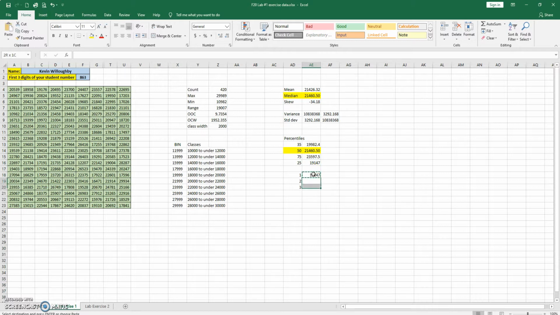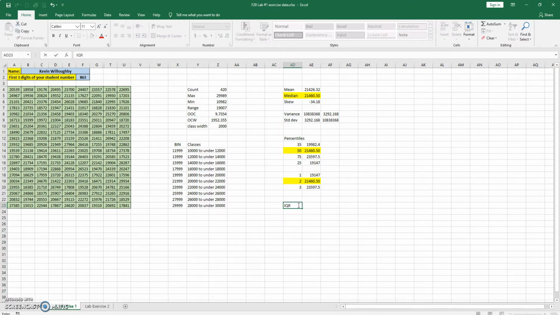Copying this down, you'll get the second quartile, which is the same as the 50th percentile, which is the same as the median. The third quartile is the same as the 75th percentile. So that's a quick way to calculate percentiles and quartiles. Let's move on to calculating the IQR.